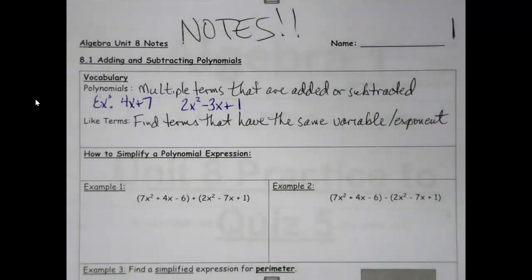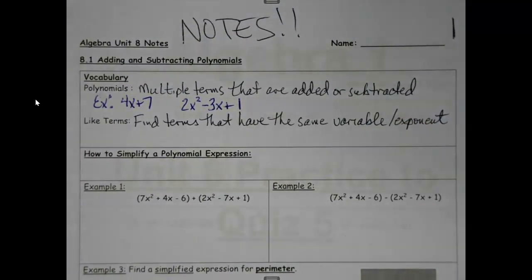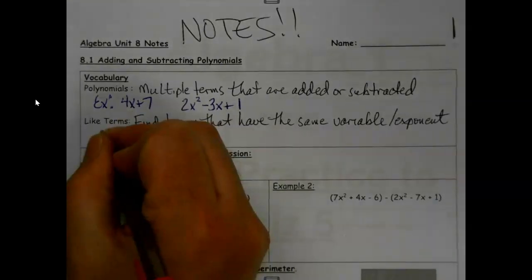And I'm going to have to explain this a little bit more as we go, because there's one exception to this already. When you're looking for like terms, you're looking for things that have the same variable, and if they have the same variable, also the same exponent, or it can just be plain old numbers. So when I'm looking for like terms, we'll get an example going here again.